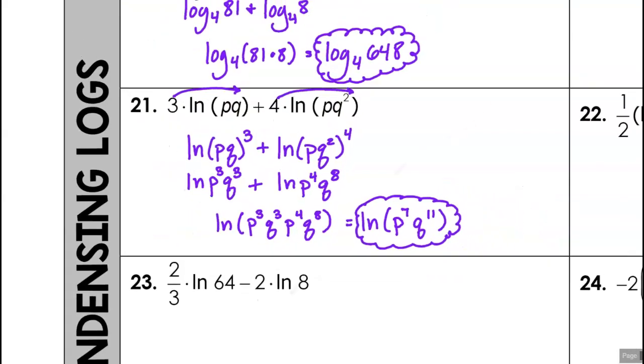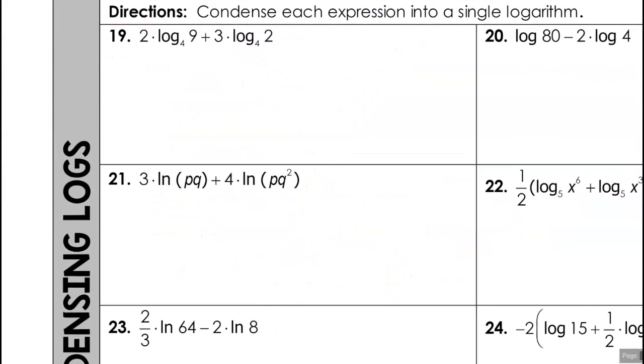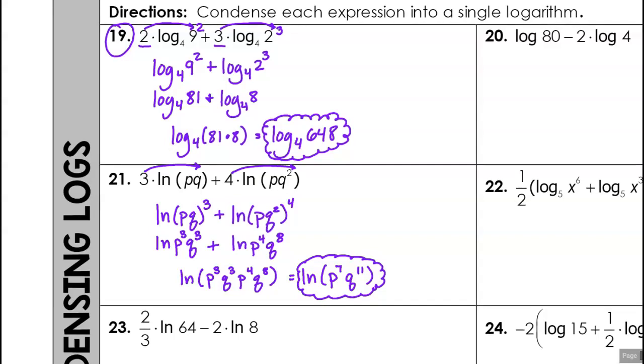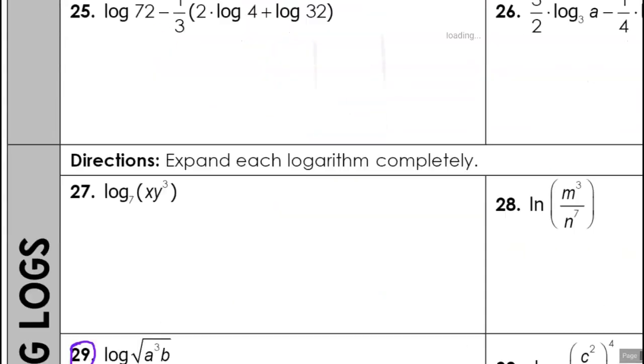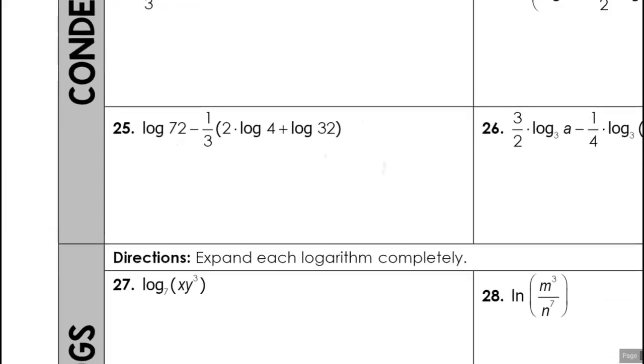Any questions on condensing? Again, I will try to have all of these filled out so that if you have more questions, you can come back and look at how to solve each one. I do want to do at least one expansion.